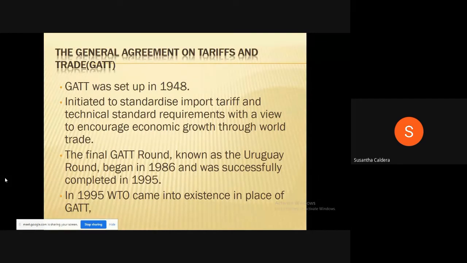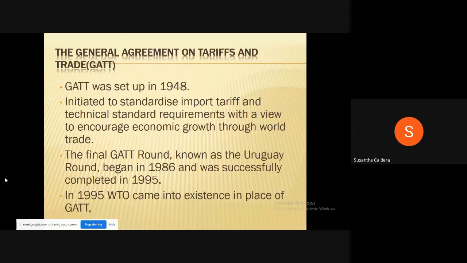For that, they started imposing huge taxes on the imports. When duty is increased, what happens? Indirectly, the imports will get reduced. That's a simple theory.